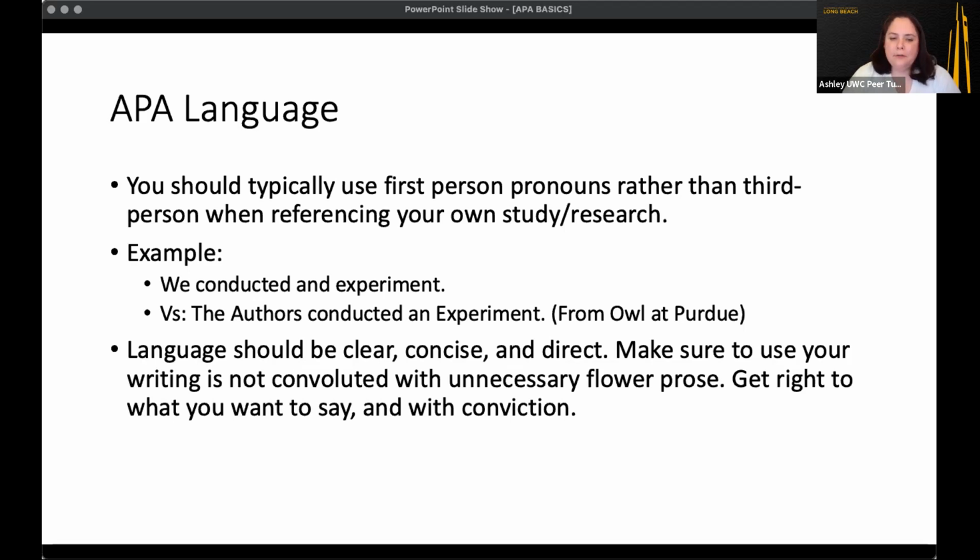Just remember that language should be clear, concise, and direct. Make sure your writing is not convoluted with unnecessary flowery prose. So my point is, get right to what you want to say and say it with conviction.